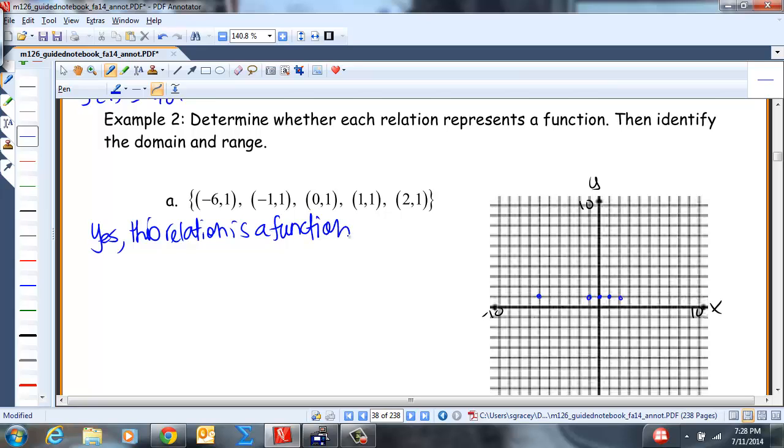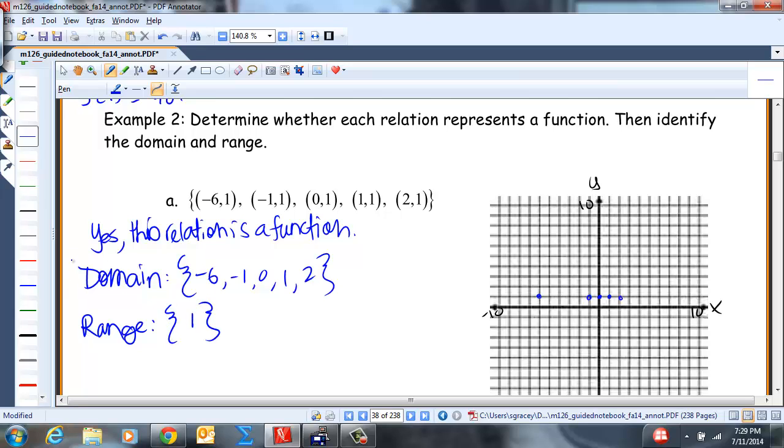And the domain is going to be the set of input values. Now we don't want to repeat any input values, and they don't seem to repeat. So let's put them in ascending order, all the x values. And then what about the range? Good. You only have a single range value, right? The range is 1.